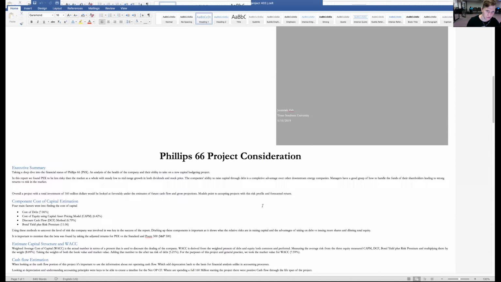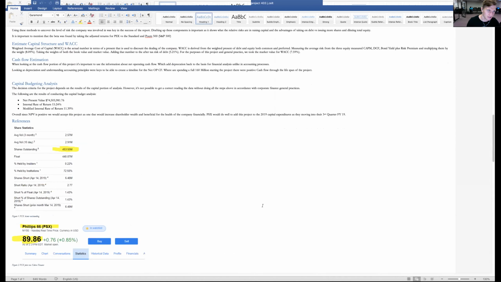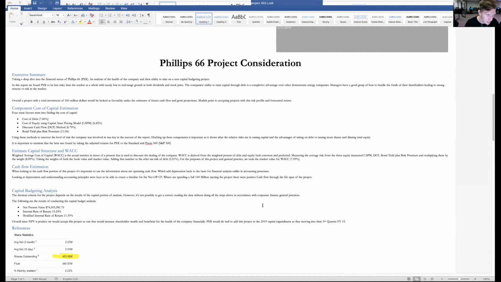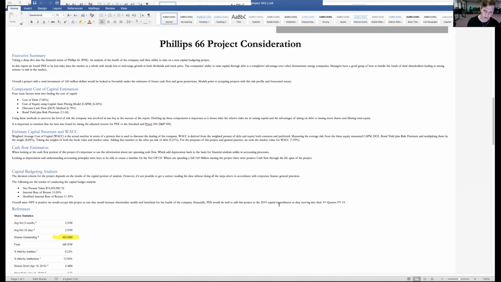From there, we were able to go ahead and put in our cost of capital components, which again was cost of debt, cost of equity, CAPM, discounted cash flows, and the bond yield premium. And doing that, we needed to find more information. So how we did that is we have a book weighted and a market weighted average for your WACC.